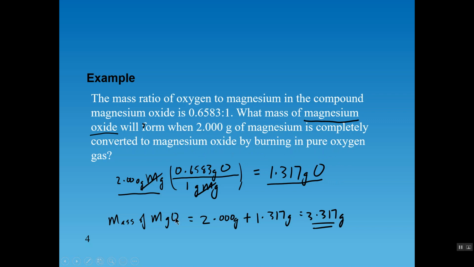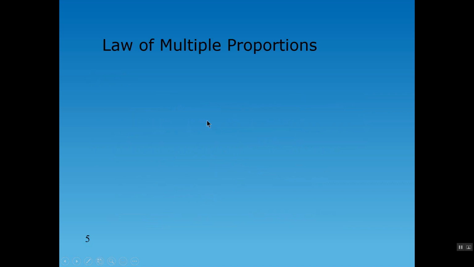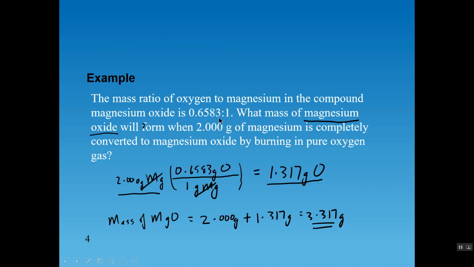So down here you see basically how we solve this problem. The first thing we need to do is find out the mass of oxygen that will react with the 2.000 grams of magnesium. And this is how we set it up. You'll notice that this conversion factor here is actually representing the ratio that the question gave you between the oxygen and the magnesium, all right?